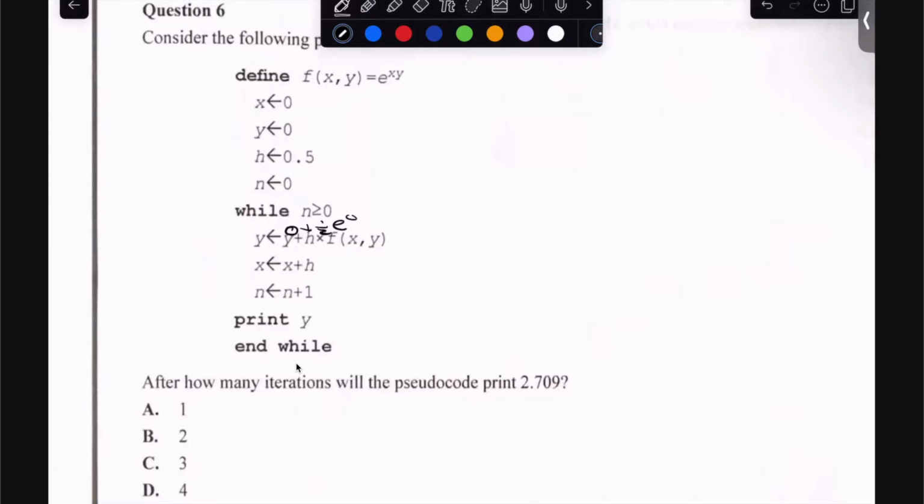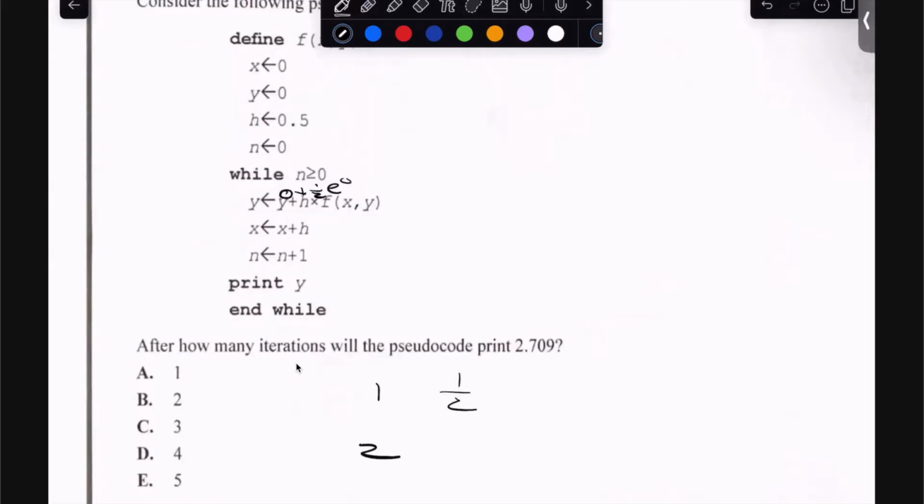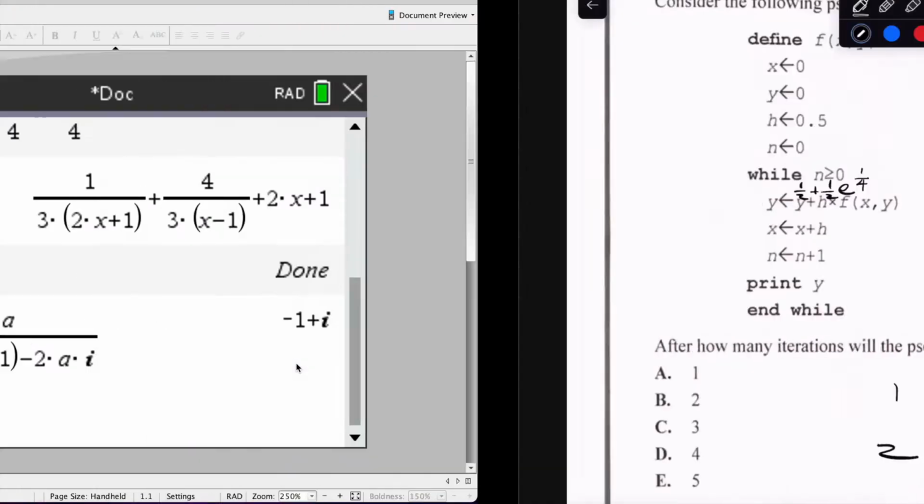So that's going to give you 1/2. That's the first one. The second iteration is the new y, which is now 1/2, plus 1/2 times f of. Now this has moved up by 1/2, so e to the power of 1/4. So 1/2 times 1/2.